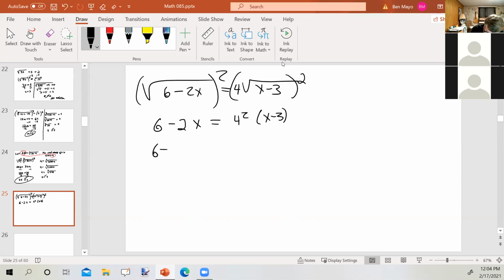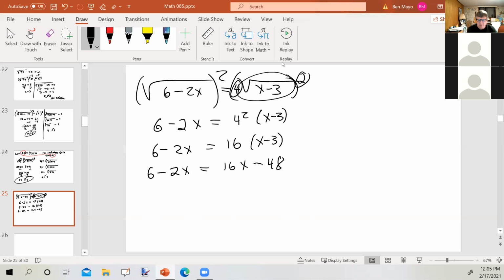So we end up with 6 minus 2x equals 16 times x minus 3. Everybody okay with that? 4 to the second power was 4 squared or 16. The square root of x minus 3 squared is x minus 3. So then we get 16x minus 48. So far, so good?